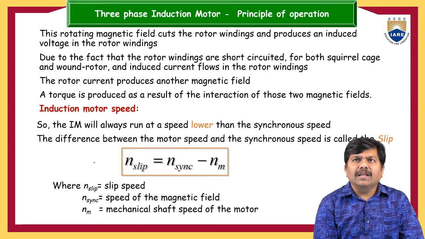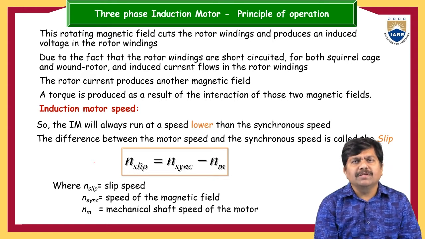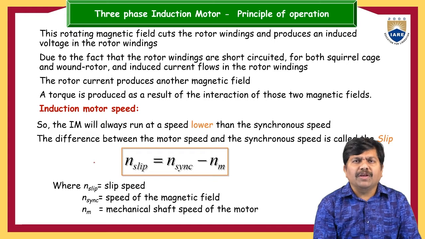So the rotating magnetic field cuts the rotor windings and produces an induced voltage in the rotor windings. The rotor windings are short circuited, as we just discussed regarding the cage type of arrangement in the squirrel cage induction motor. The rotor windings are permanently short circuited.